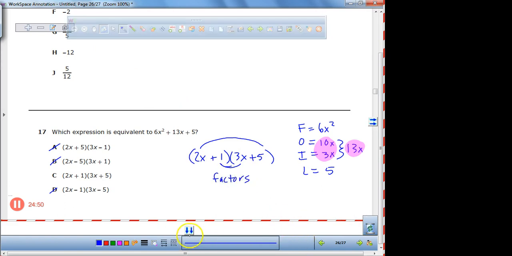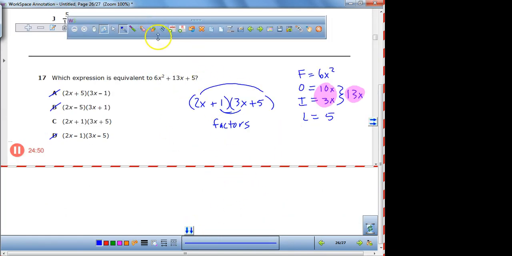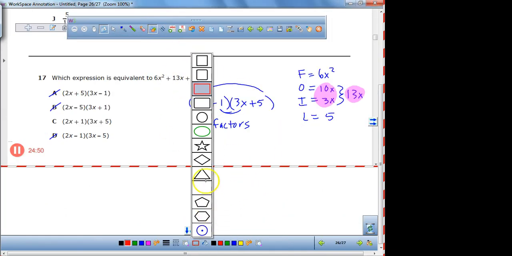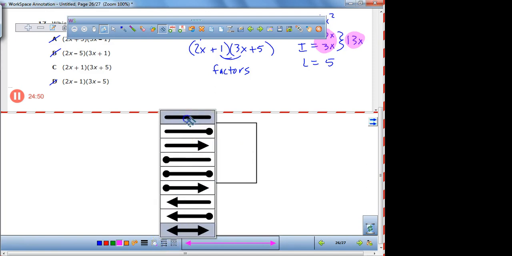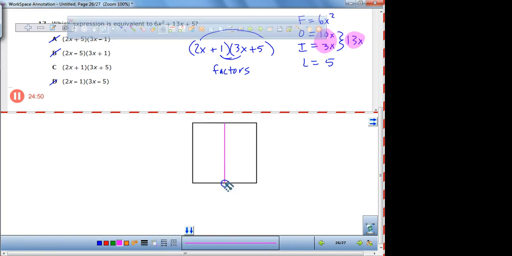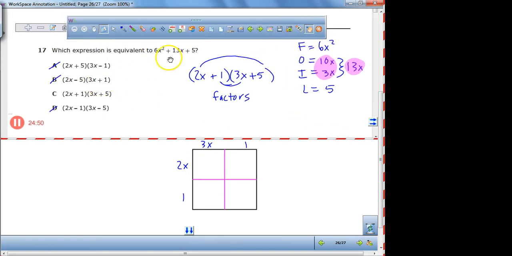Now, sometimes I'm just going to go ahead and make a square. Sometimes students like to use this to check their factors. On one side you could put a 2x and a 1, and over here you could put a 3x and a 1, and then multiply together and see if you get those to add up to 13x.